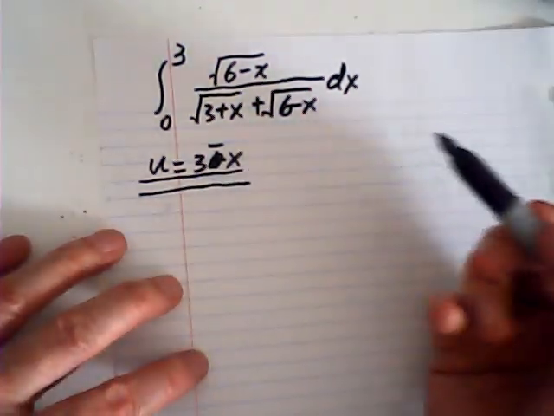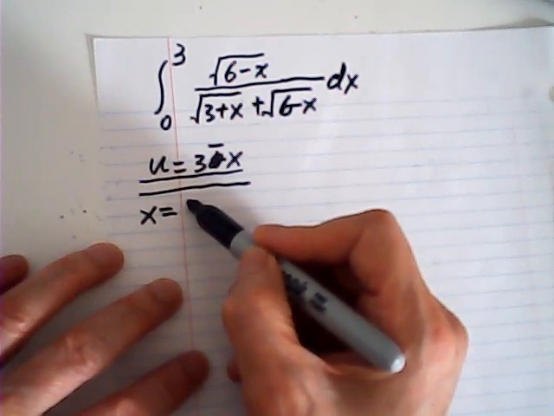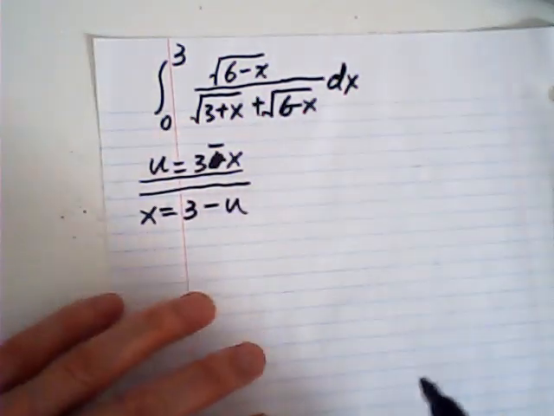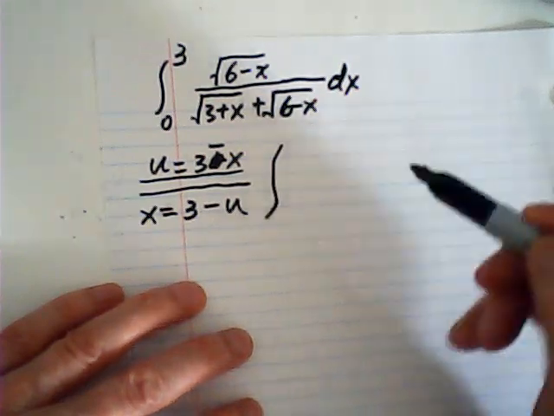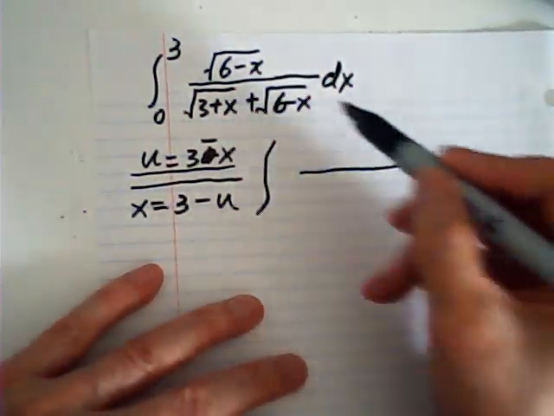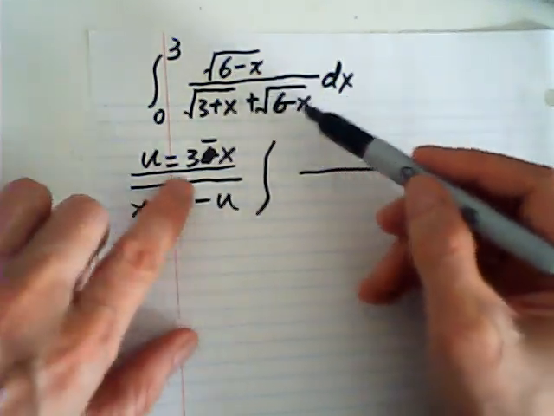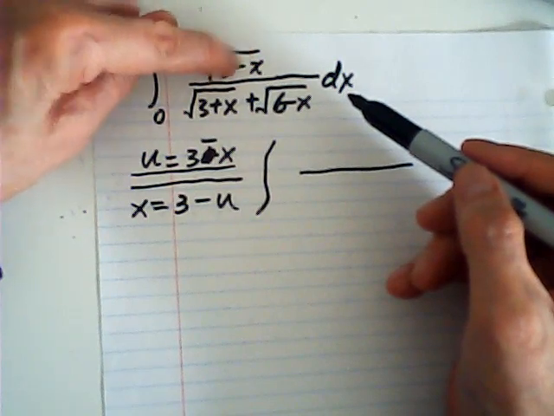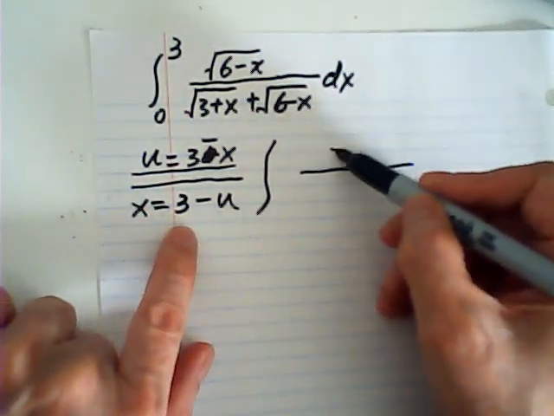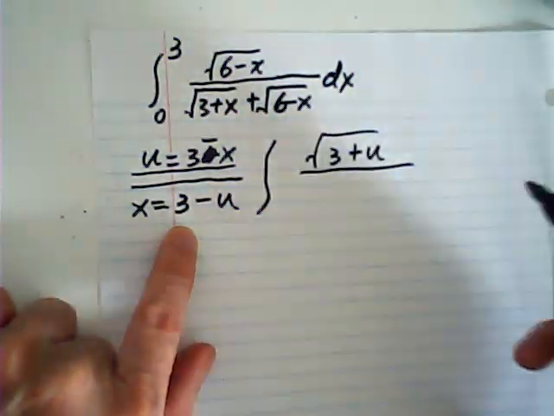Okay, then x is equal to 3 minus u, right? Now our integral becomes this. 6 minus x is 3 plus u, right? Yeah, square root.